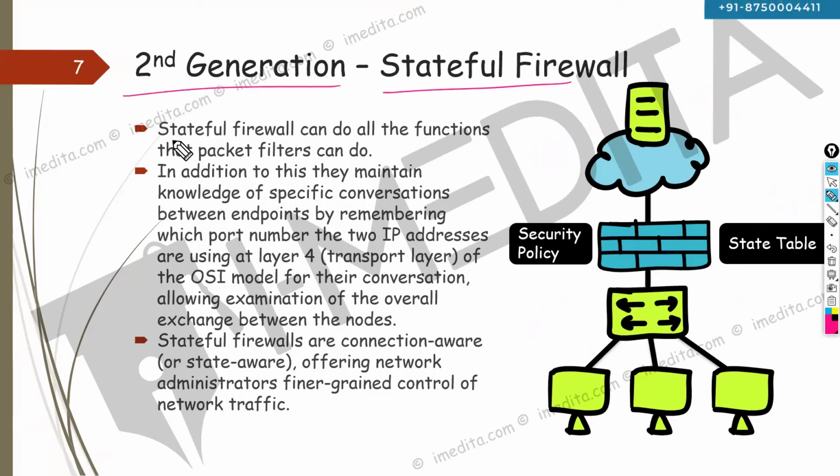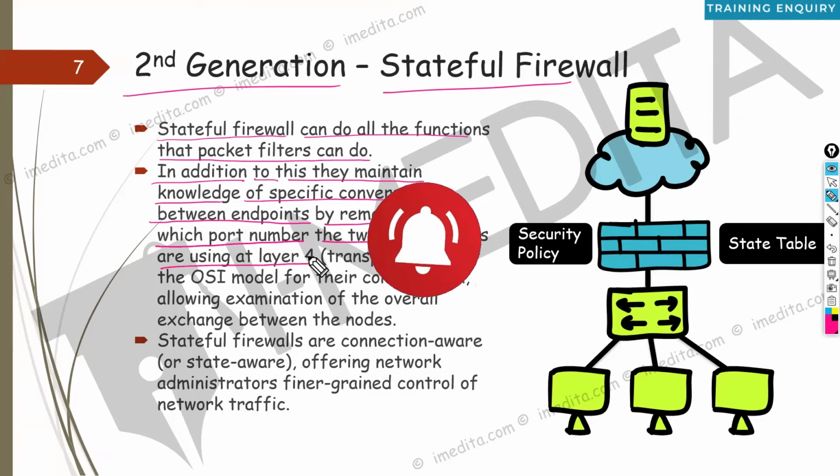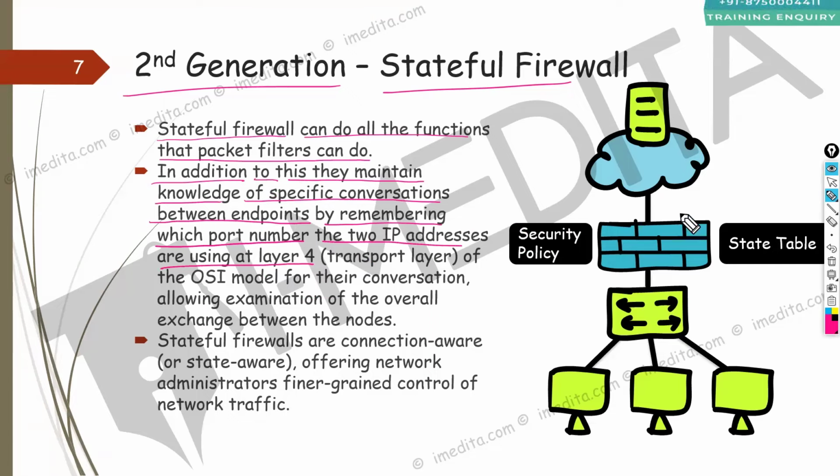Same thing it is saying. Second generation, stateful firewall, can do all the functions that a packet filter can do. In addition to this, stateful firewalls maintain knowledge of specific conversations between endpoints. They remember which port numbers and IP addresses are being used at layer 4. What I told you, when the packet goes, it will maintain layer 3 and layer 4 information. Same it is saying, it is remembering port numbers and IP addresses according to the OSI model, and stateful firewalls are also connection aware.